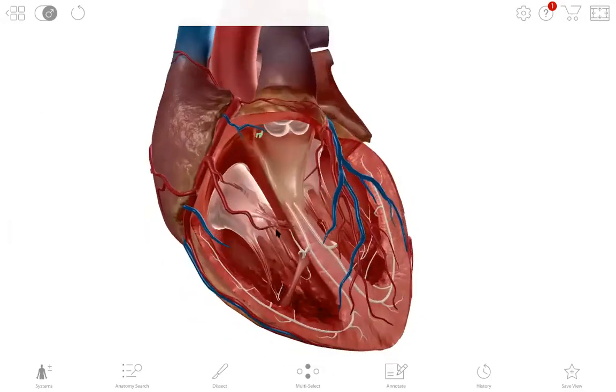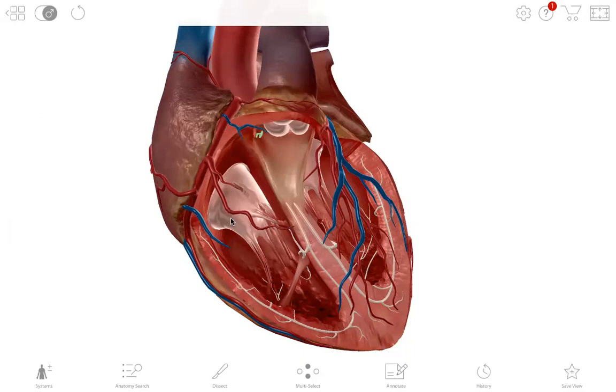I have in the right ventricle 3 papillary muscles: anterior papillary, which is the largest; posterior papillary, which is smaller; and a septal papillary muscle. Anterior, posterior, and this is the septal. Each of them will be attached through chordae tendineae to the corresponding cusp.